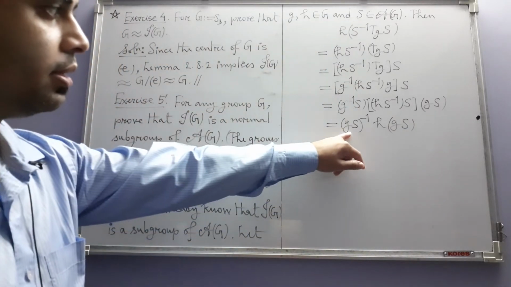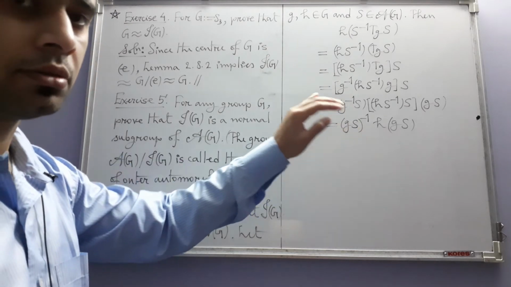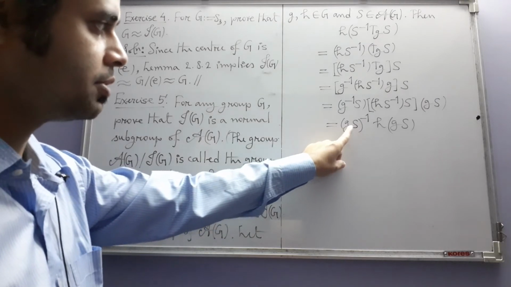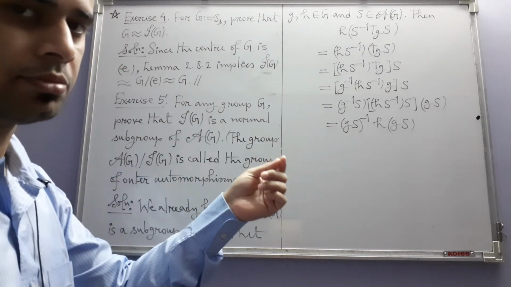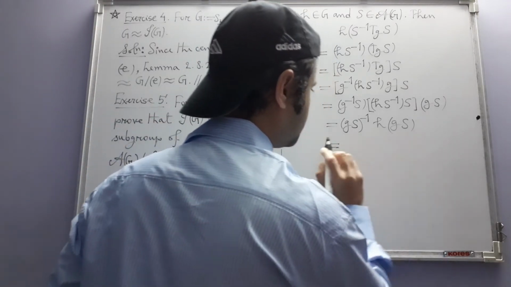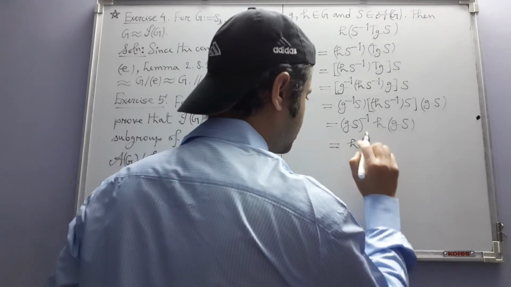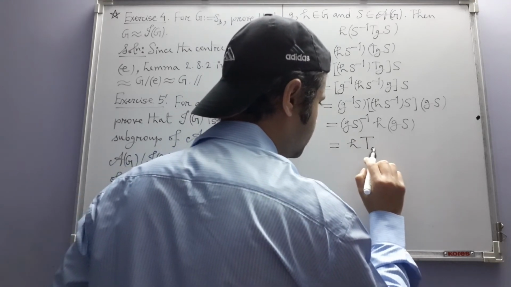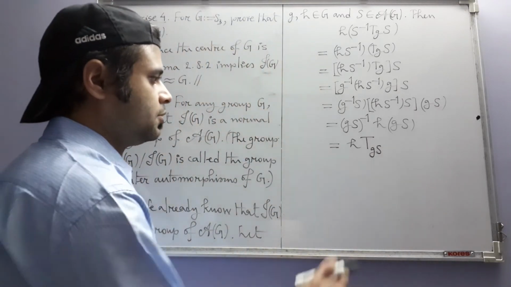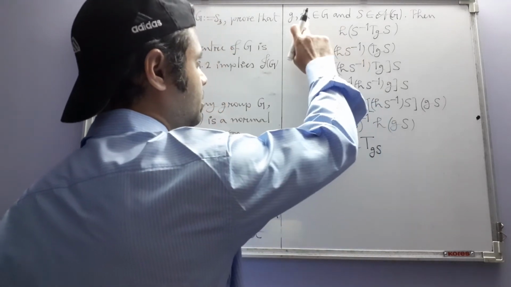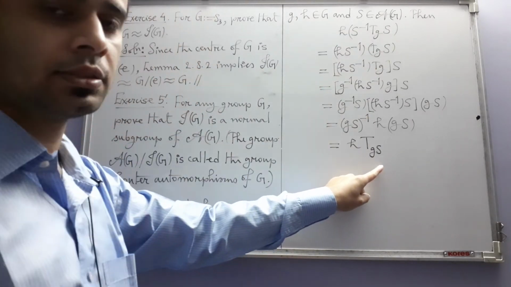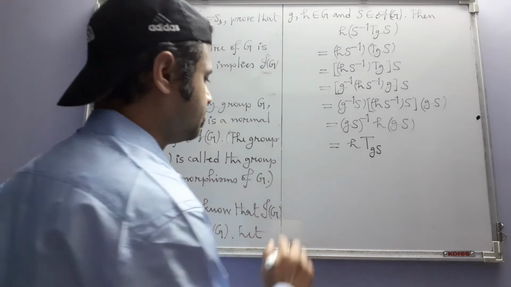Now note that GS is after all an element of capital G, because we have applied the automorphism S on G, so we are going to get an element in G. And now looking at the final form of this product, you can see that this is nothing but H TGS. But since we chose H to be an arbitrary element of G, these two functions, this one and TGS, have the same effect on every element.